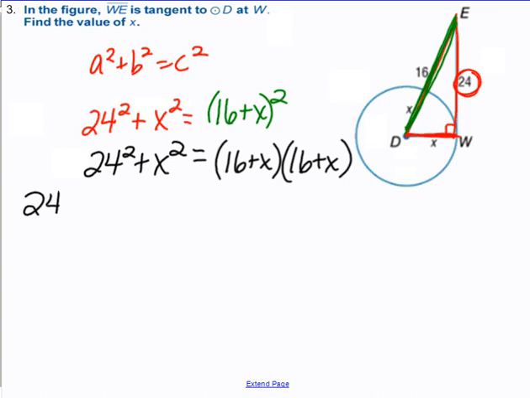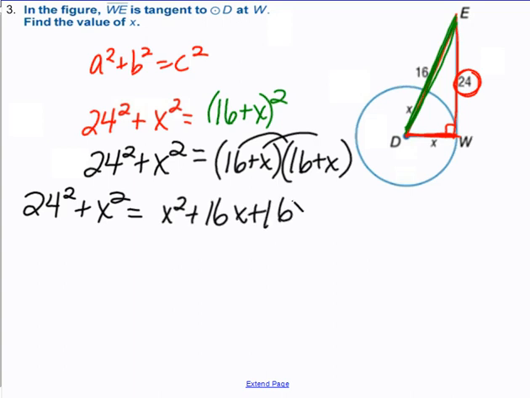My equation's getting longer. Okay, so now I have to distribute. So I've got x squared plus 16x plus 16x plus 256.